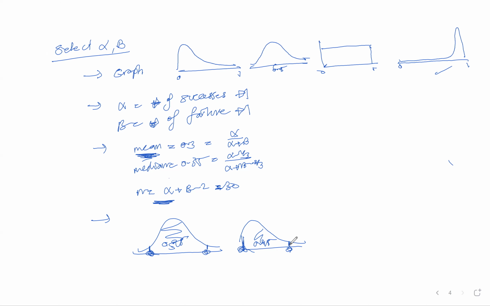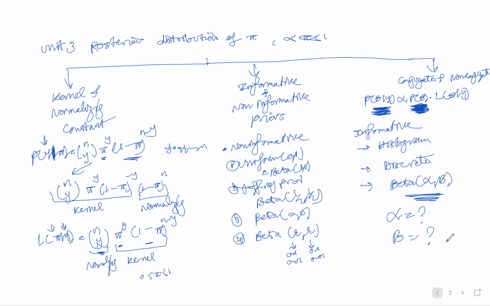Again, why do you select alpha and beta? Because if I assign a beta prior distribution, I need to know what alpha and beta are in this prior distribution. Once you know the prior distribution and the likelihood, you multiply the likelihood by the prior distribution and you get something proportional to the posterior distribution.